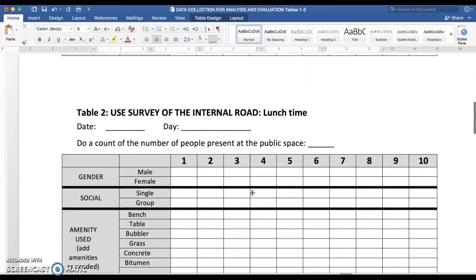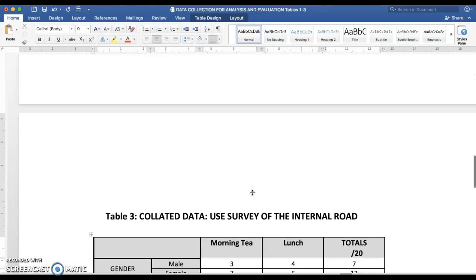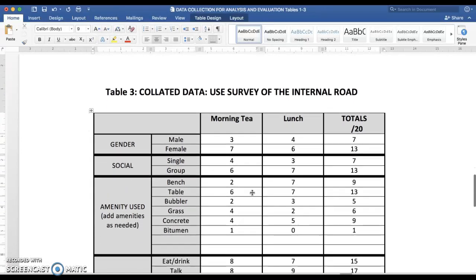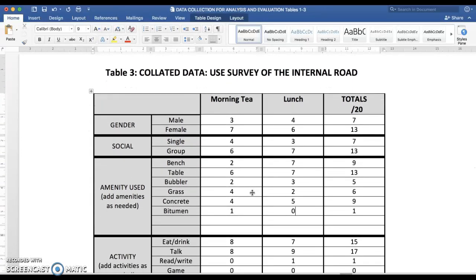Now, the third table in this document is table 3, collated data, use survey of the internal road. So this is where you collate, which means put together, add them together, the information that you found into this table.